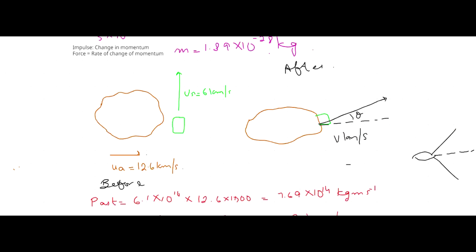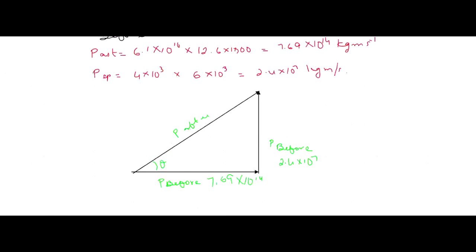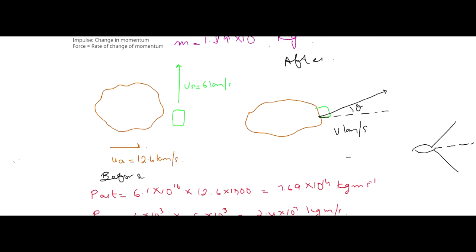Technically, when I'm writing momentum before, I am bypassing a step. Momentum before the collision in the horizontal direction is equal to momentum after the collision in the horizontal direction. Similarly, momentum before the collision in the vertical direction is equal to momentum after the collision in the vertical direction. Hence, we can resolve the two vectors and we can get the resultant afterwards.